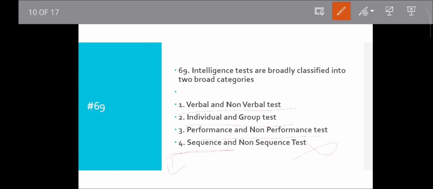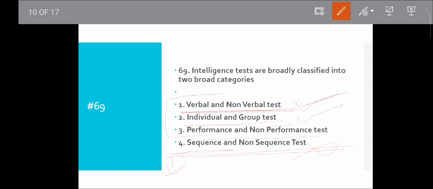Here something is missing. It means the option that should be here is not available. These three will also be correct answers. Verbal and non-verbal is also one of the categories of intelligence test. Individual and group test is also one of the tests of intelligence.